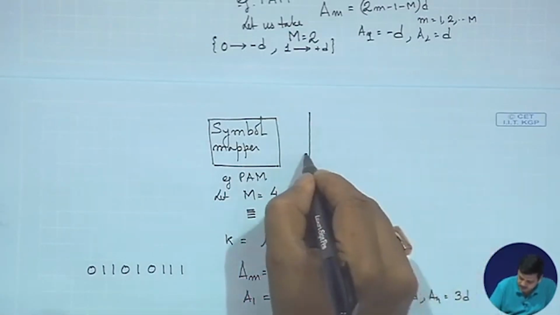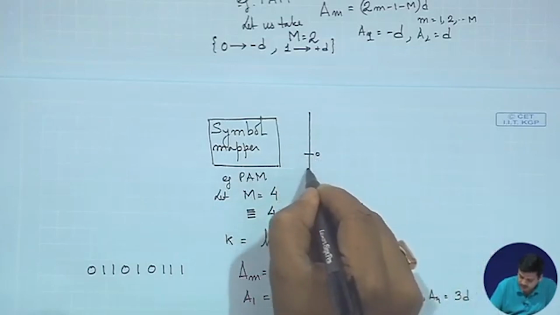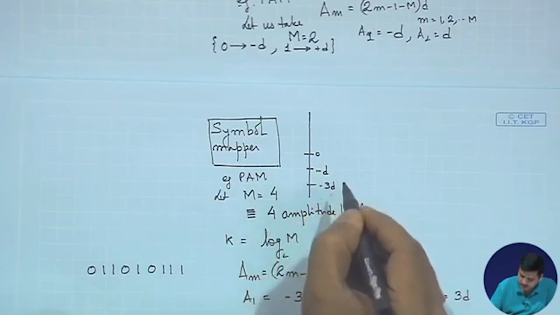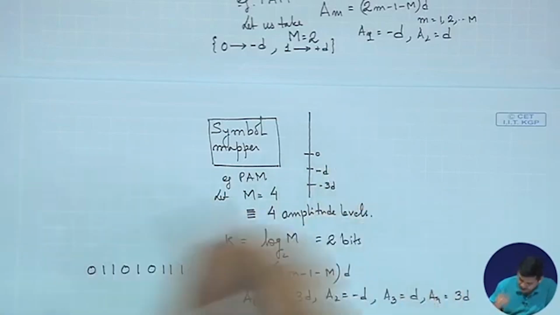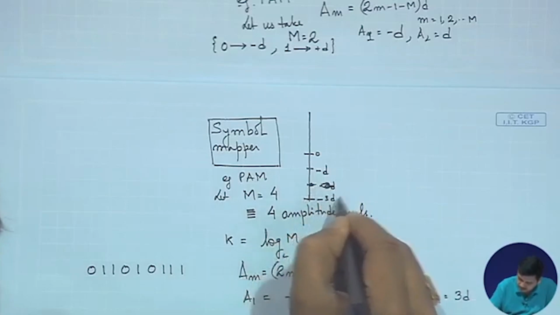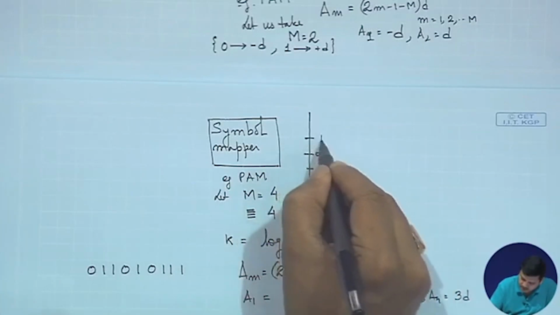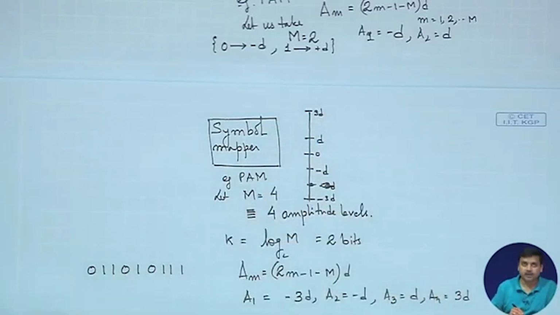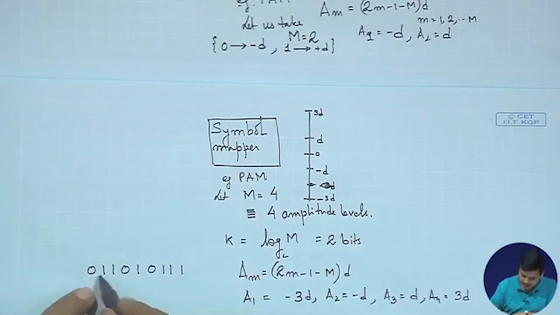If I mark this as 0, this would be minus d, this would be minus 3 d, let us say. So, ideally speaking, this should be minus 3 d, and if this is d, then somewhere here should be 3 d, right. And in that case, these sequences would map to certain levels.